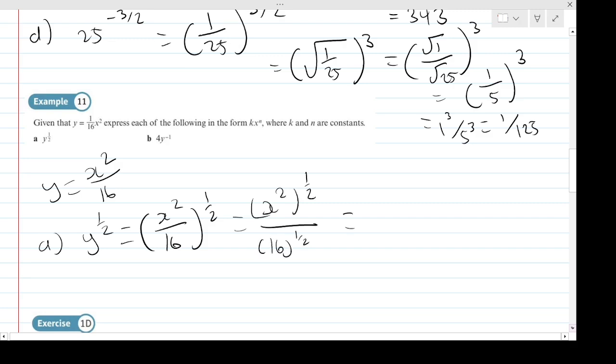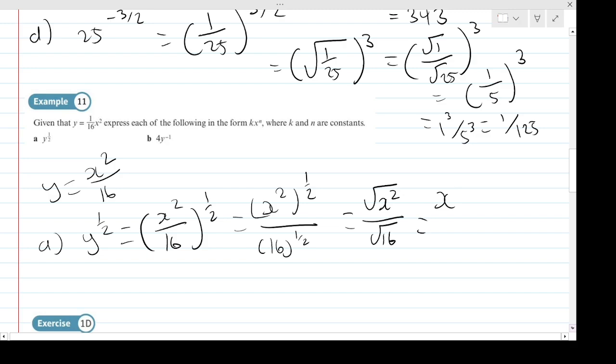And obviously a half is saying the square root, right? So root x squared over root 16. Well, root of a square is literally just itself. The square and the square root cancel. You can see that here, because we times the powers because we have a bracket. So 2 times a half is just 1.